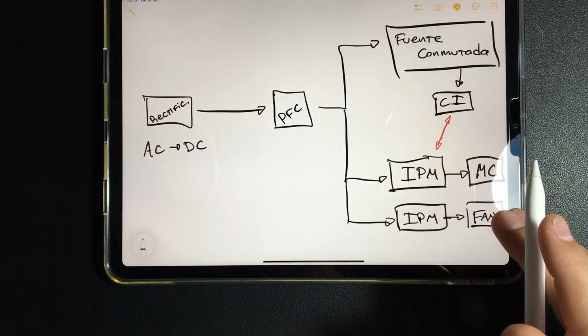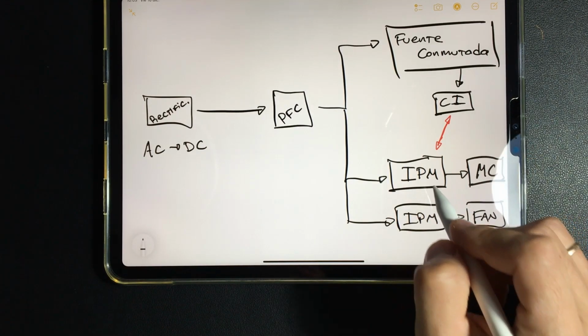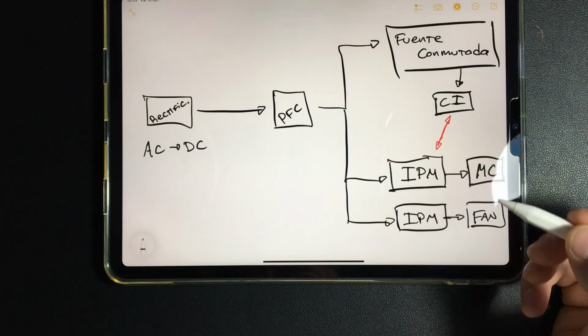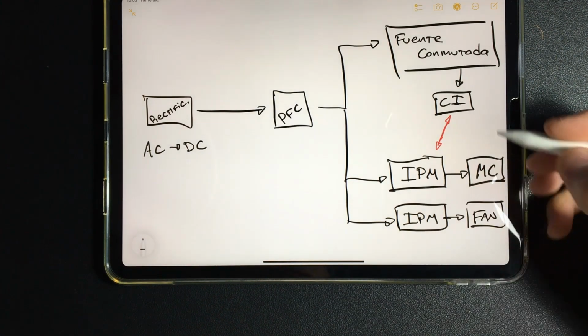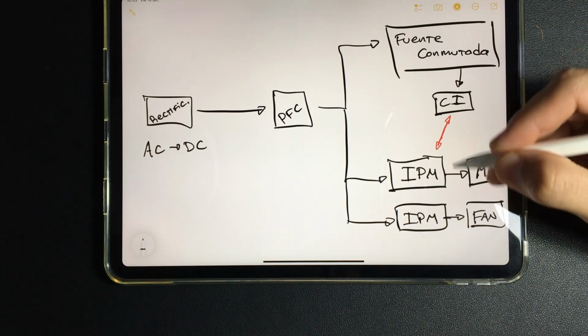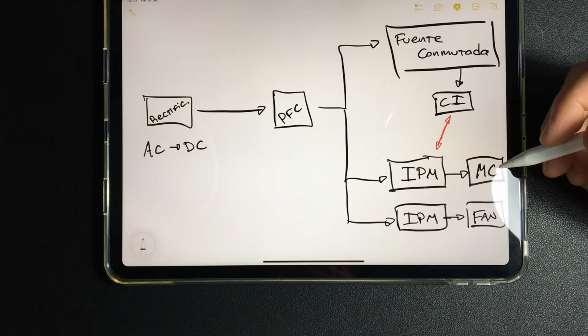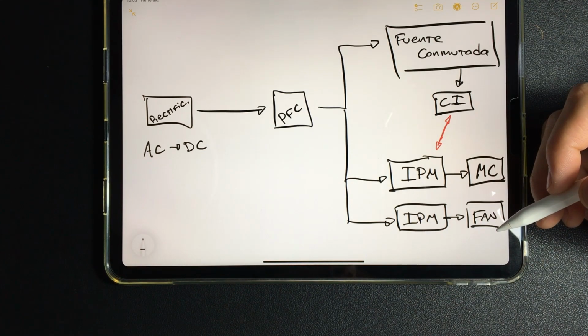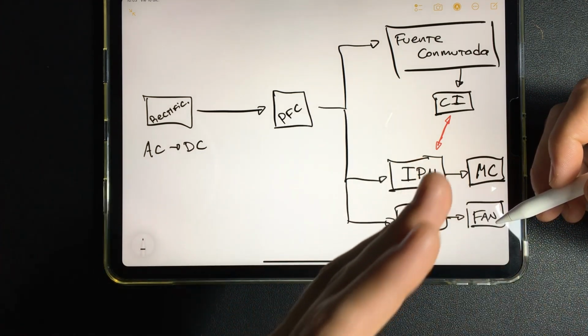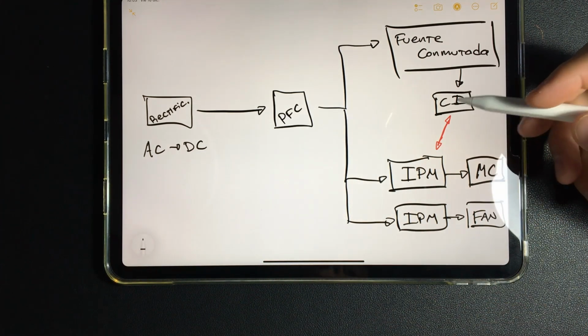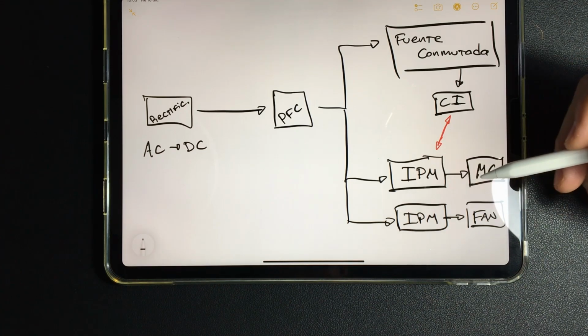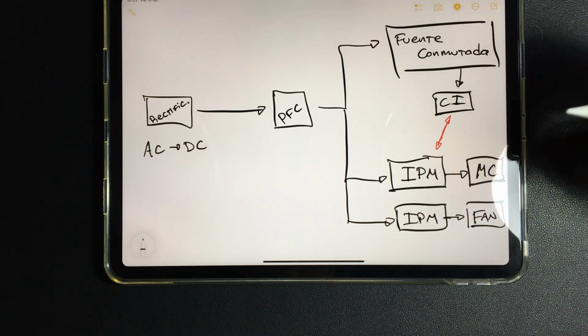But before explaining how the IPM works, I will explain to you how the inverter motors work, because it is essential that you understand this. Both the gas compressor and the fan work the same. And there, you are going to easily understand the IPM, what its work is, and how the integrated circuit gives it the notice to turn faster or slower.